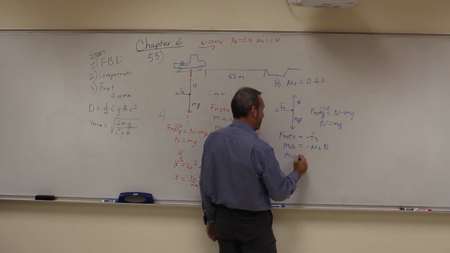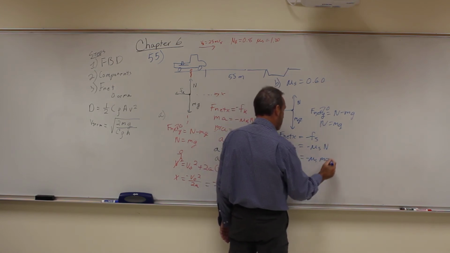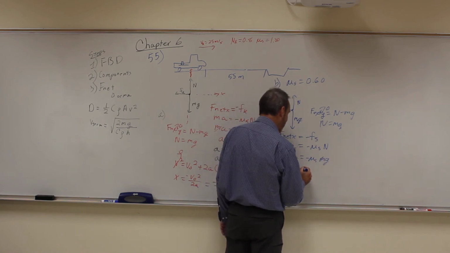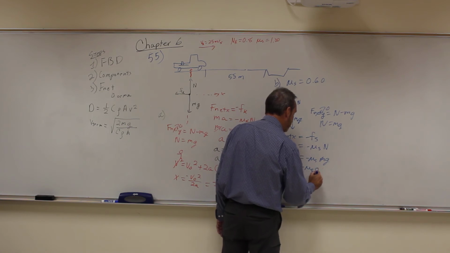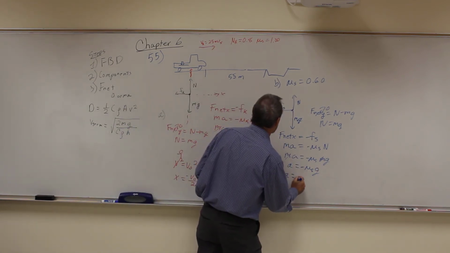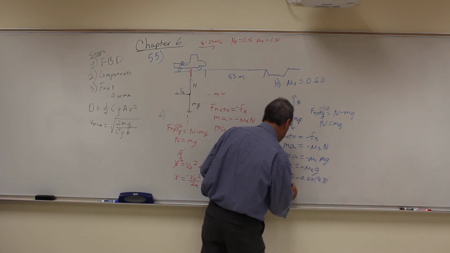So again, I get ma is equal to minus mu sub s times mg. And the acceleration that the vase can handle is minus mu sub s times g. And we know the acceleration is 0.60 times 9.8.